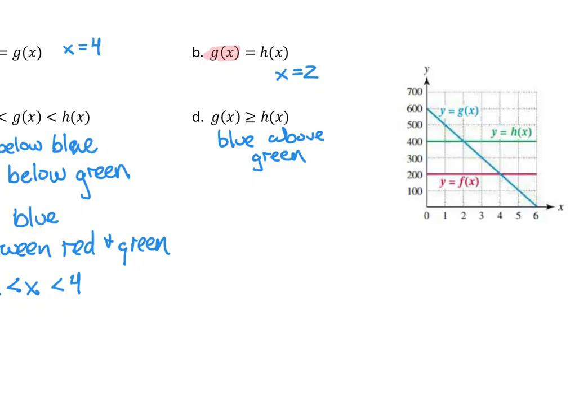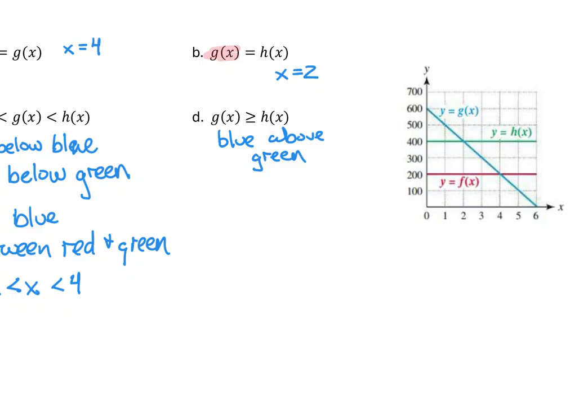And especially since we are only looking in the first quadrant where we are positive, we do want to be careful about that. Notice here that when we look at the endpoints of these lines, we do not have arrows. It is starting at 0 and it is ending at 6.